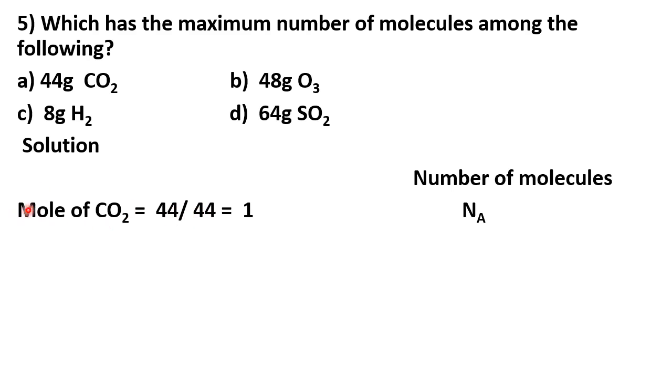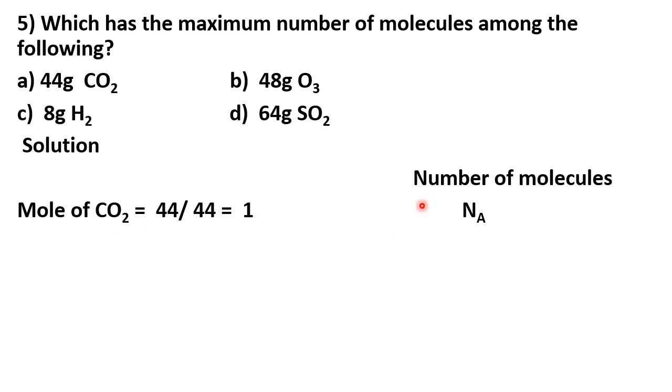So, in the first case, that is 44 gram of CO2, mass is equal to 44 and molar mass of carbon dioxide is also equal to 44. That can be calculated by adding atomic weights of the atoms, that is carbon 12 plus 16 into 2, that is 32. 12 plus 32, it becomes 44. So here mass by molar mass gives 1.